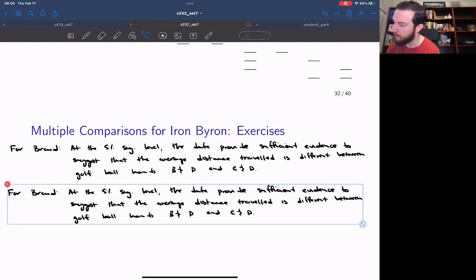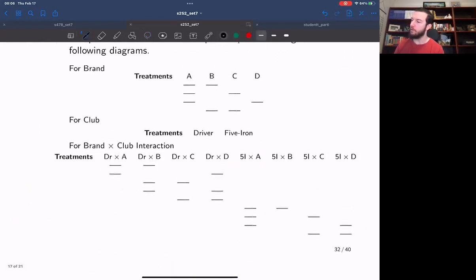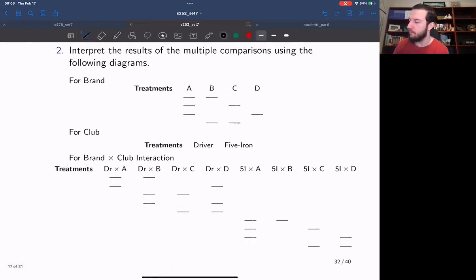Okay, and then for the club and for the treatment combinations, we can have a similar conclusion in this case. So for example, for the club effect, if we go back and we look at the diagram for club, you can see that we only have two clubs, which are driver and 5-iron. Those are not connected, which would mean that they are different.